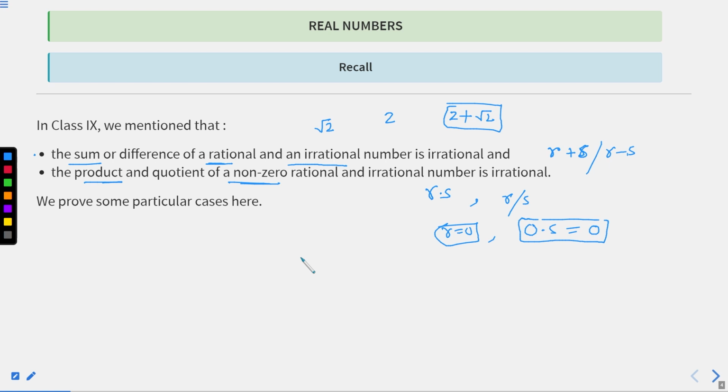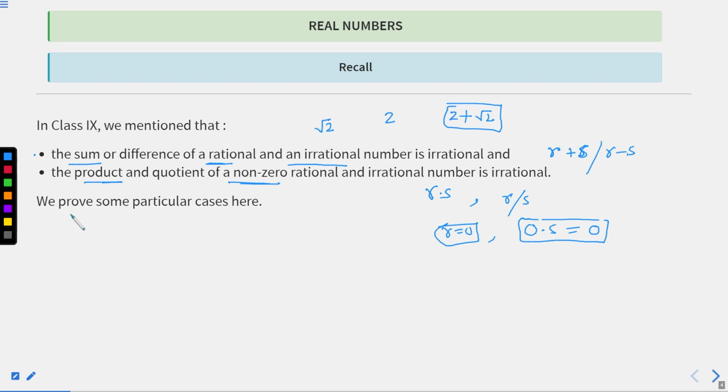So if we take the rational number 0, then the product will be a rational number. This is why we take non-zero rational and irrational numbers. Then the product and the quotient of a non-zero rational number and an irrational number is an irrational number.